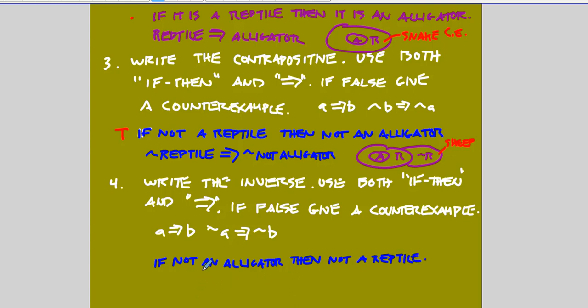Okay, so using the implies statement, this would be not alligator implies not reptile. Let's use the tilde for not here. You could write not out, but I'm using the tilde here.